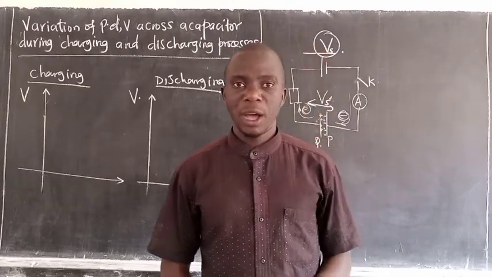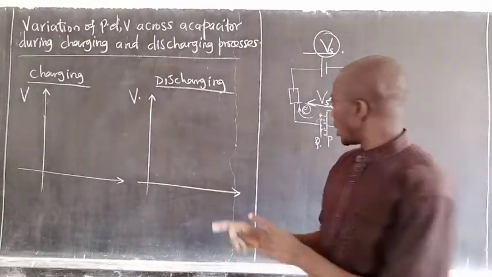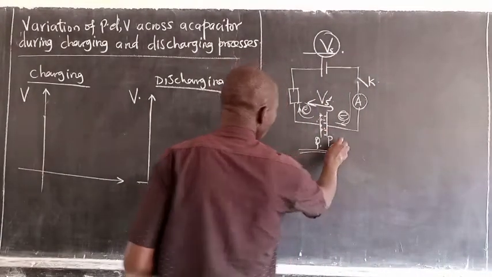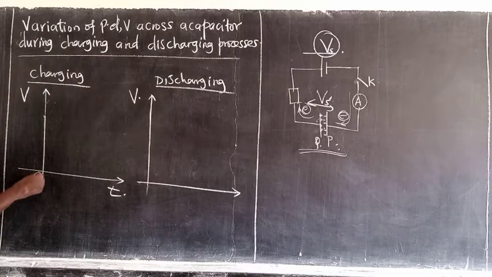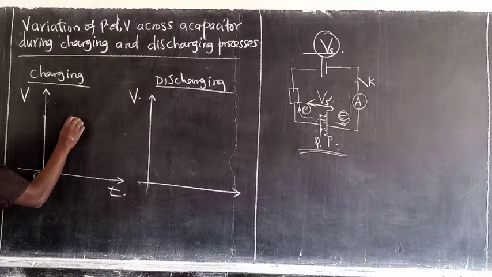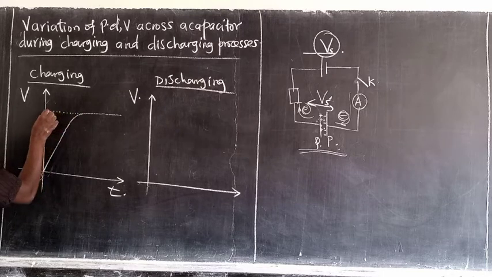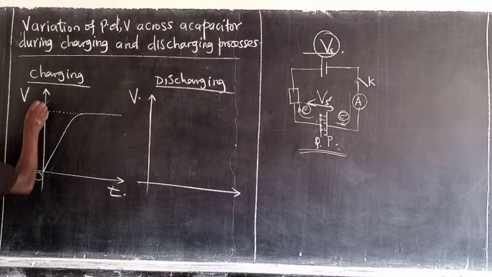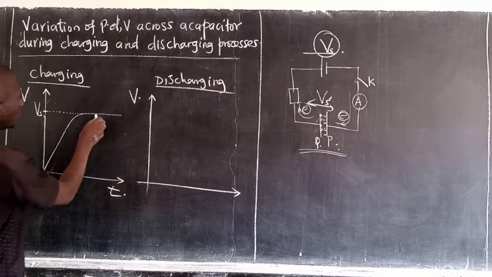And therefore, how does the PD now vary? The PD across these capacitor plates was 0 initially. Here we are plotting time. Initially at 0, the PD was 0. It keeps on increasing until a certain time where it stops and becomes constant, and that PD is equal to the PD of the supply.